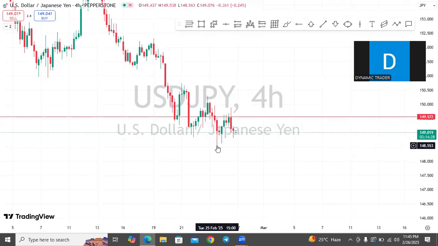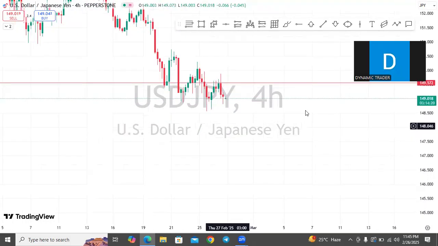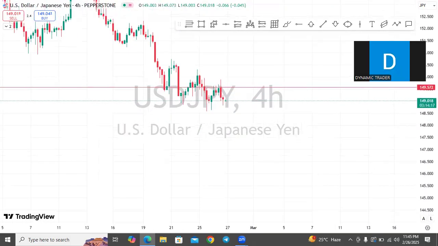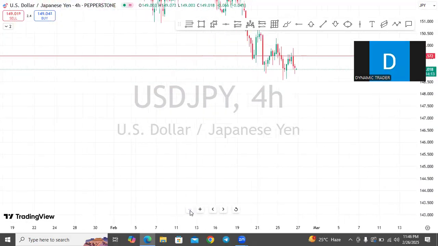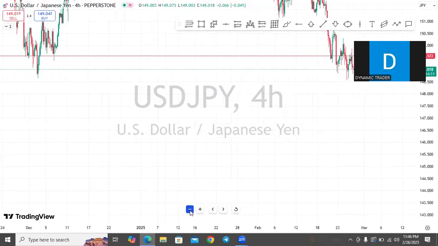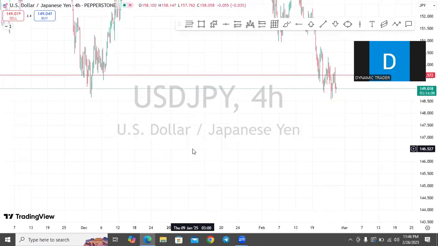Then this is a retest. Then we are bearish. This is what USD JPY is actually doing on the 4 hour time frame right now.